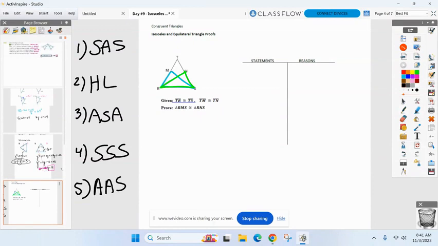And then you can write in your statements and reasons and mark your diagram. Just highlight them first.